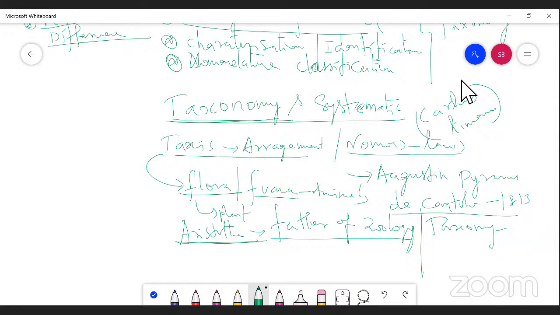So Carolus Linnaeus was awarded as the father of modern taxonomy. Next, the systematic category sequence we will discuss in this class.